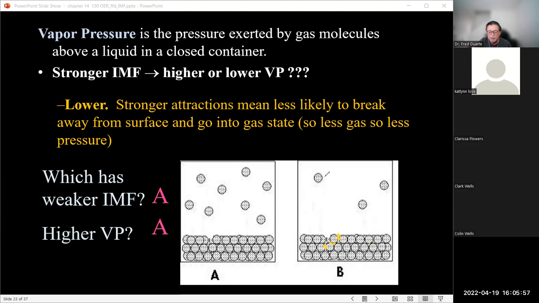And so fewer molecules are being pushed into the gas phase, and hence the vapor pressure is lower. Okay. Does that make sense? Because this is what all these physical properties are about. Think about what is happening to the molecules in the liquid phase. If they're being held on tightly or loosely, that's going to have a big effect on these physical properties that we're going to talk about.